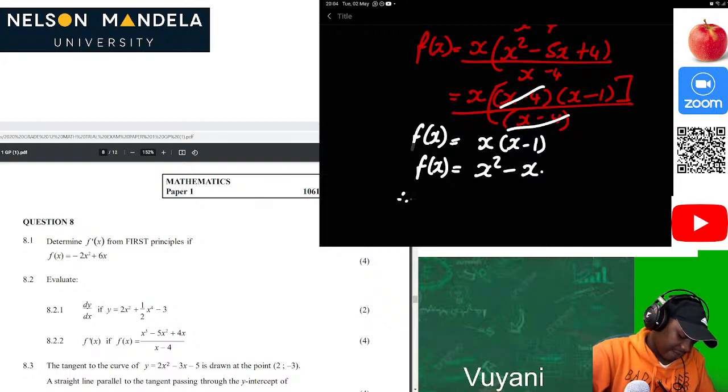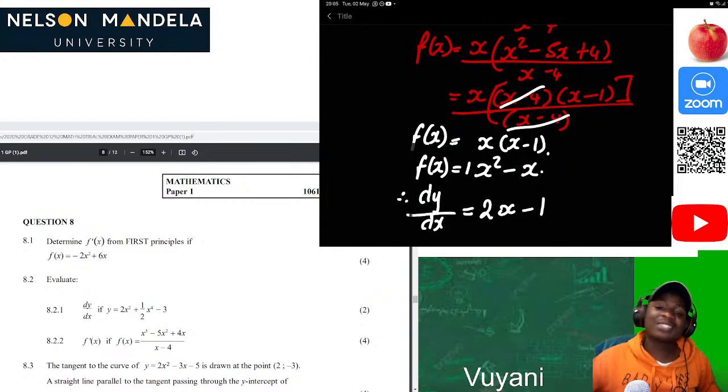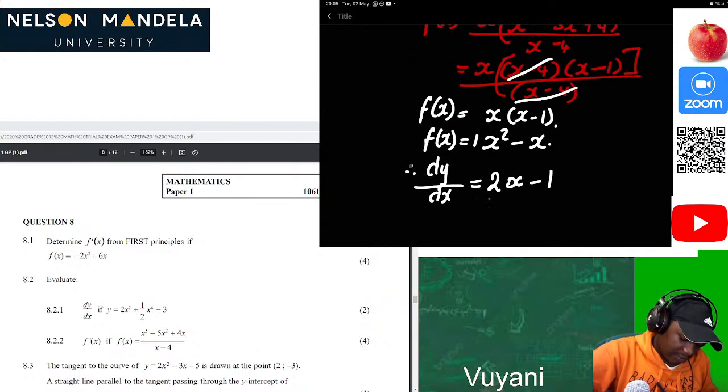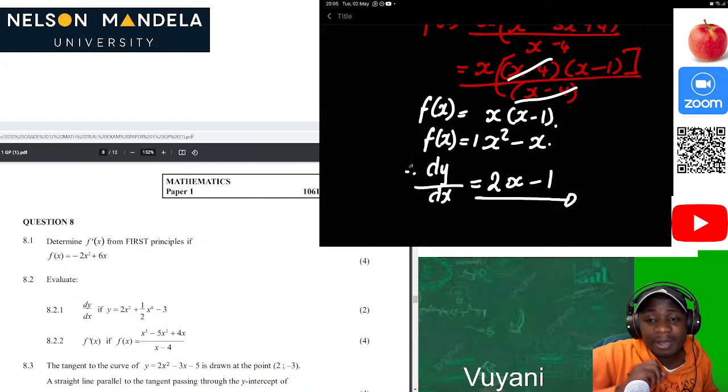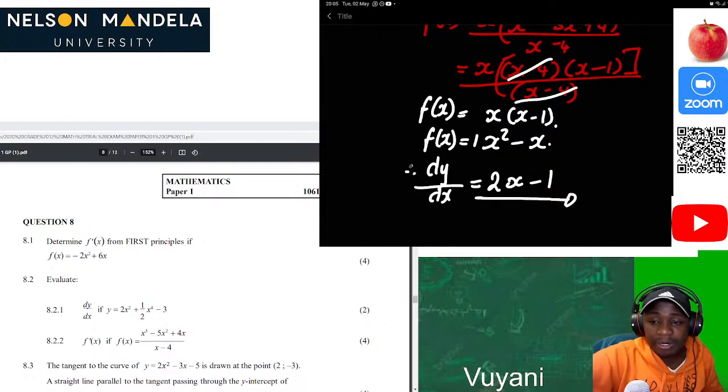So we can say therefore dy over dx is equal to 2 times 1, it's 2. Then 2 minus 1 is the same as 1. Then 1 times negative is negative 1, and 1 minus 1 is equal to 0. So our derivative is going to be 2x minus 1. That's how we solve that problem.